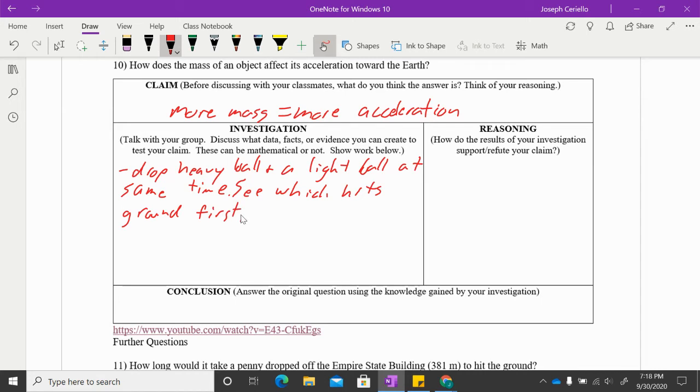After we did that experiment, we saw that the heavy and the light balls hit the ground at the same time.